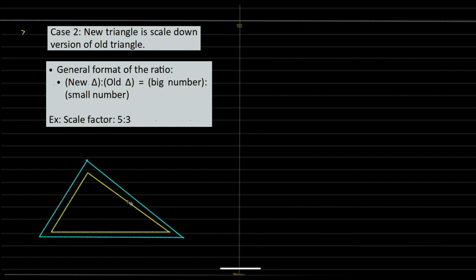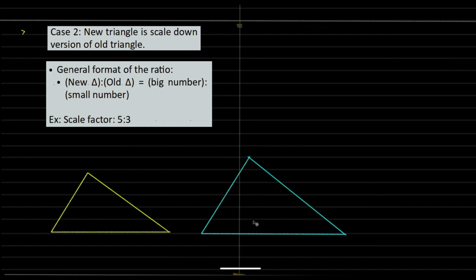The new triangle is bigger than the old one, and it looks similar. These two are similar. The new one is similar to the old one, but if this is 5, this will be 3 because the ratio is 5:3. So this will be a scaled up version of the old one. Understood? So there are two variations.